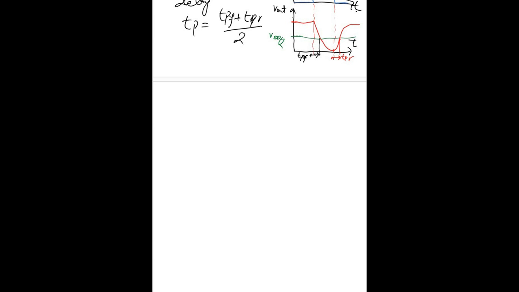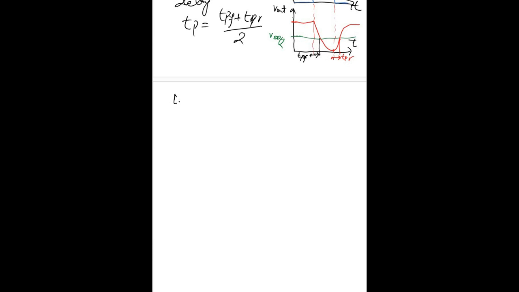From the equations for the fall time and rise time, we can find the actual value of our propagation delay.